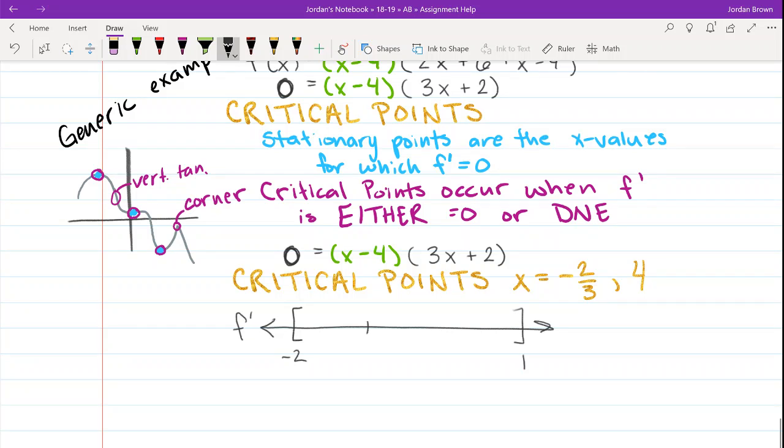And we had -2/3 and 4. Now, between -2 and -2/3, this is a real nice number called -1. Between -2/3 and 4, there's this other really nice number called 0. But 4, that's outside of our interval, isn't it? So let me go ahead and fix myself before I wreck myself.